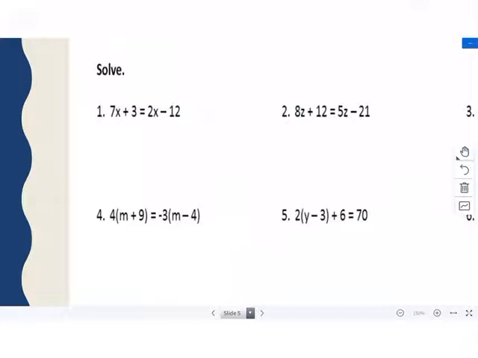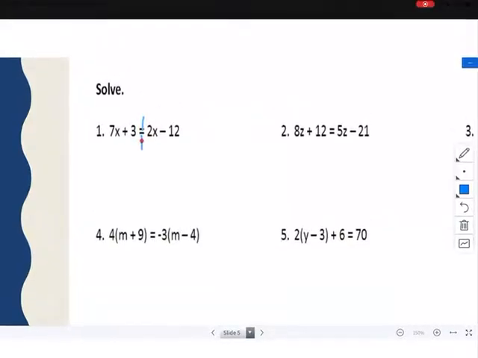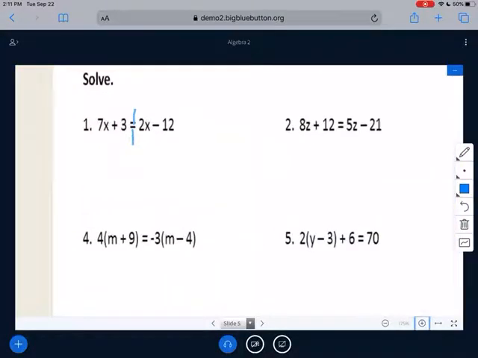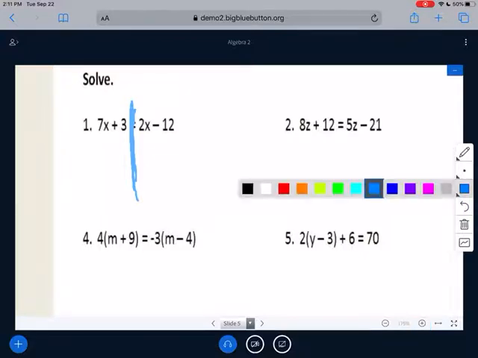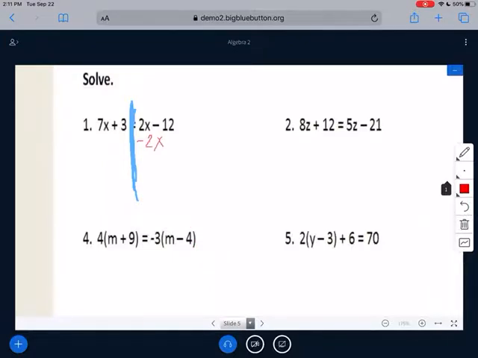So the equal sign kind of acts as what I call a river. So if I do it on the left, I need to also use and do that mathematical operation on the right. So the first thing I'm going to do is subtract 2x. And if I subtract 2x from the right, I need to subtract 2x from the left.